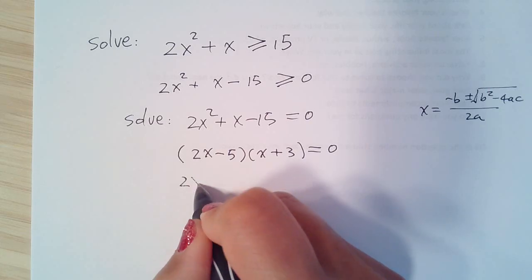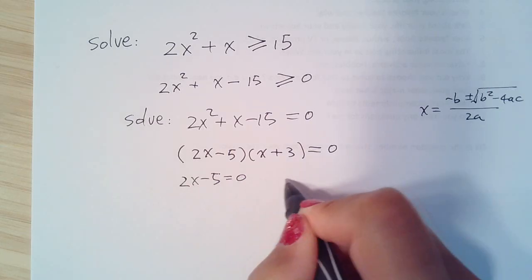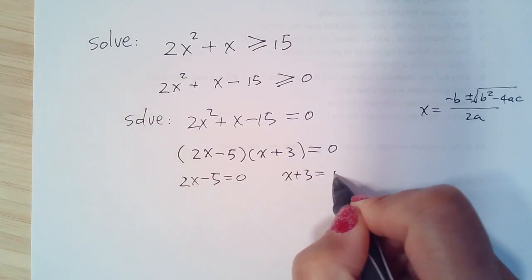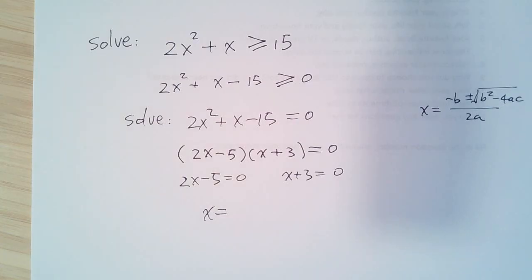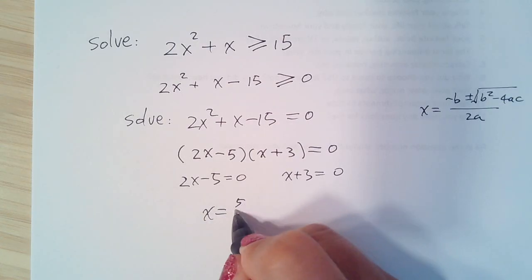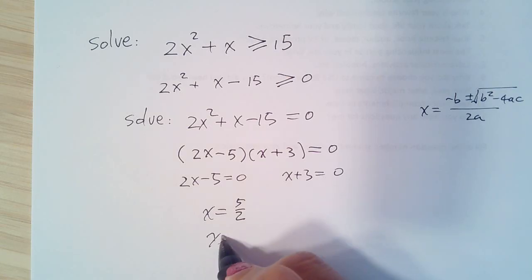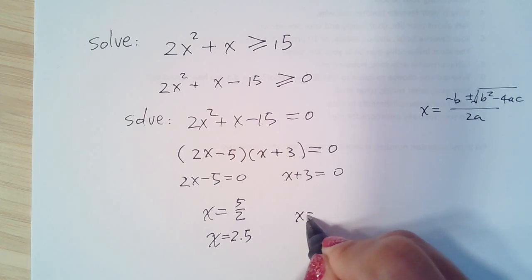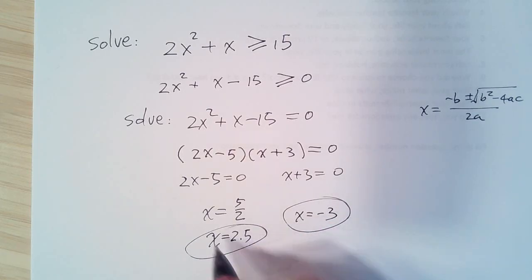Then we solve this. We get 2x minus 5 equals 0, or x plus 3 equals 0. So x equals 5 divided by 2, or you can say 2.5. That's okay. And this one is x equals negative 3. Do you see that? You get these two solutions.